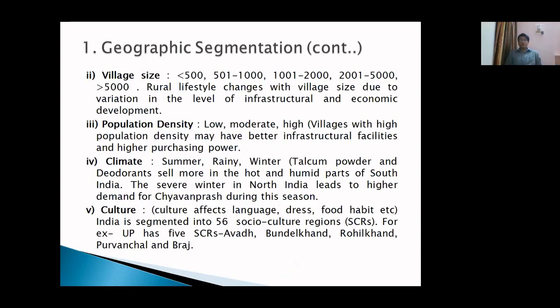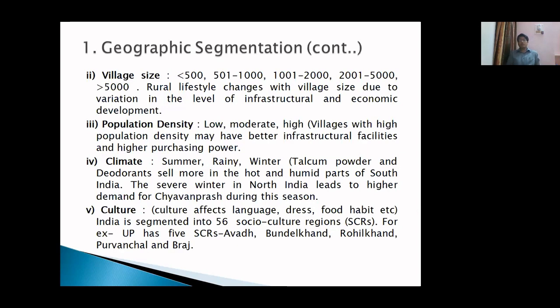Now, if we talk about village sizes, again, a vast geography is there. In India, you will be finding villages with sizes less than 500 people to more than 5,000 people. The range is very vast.